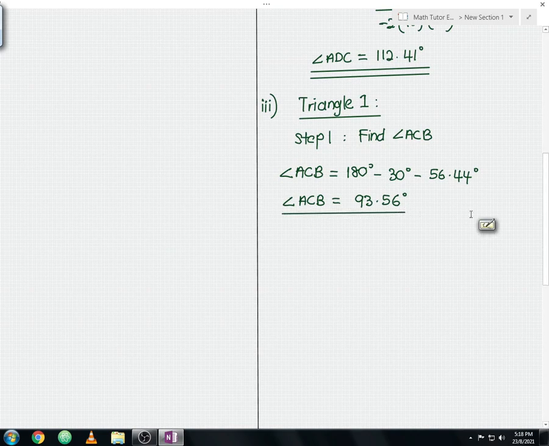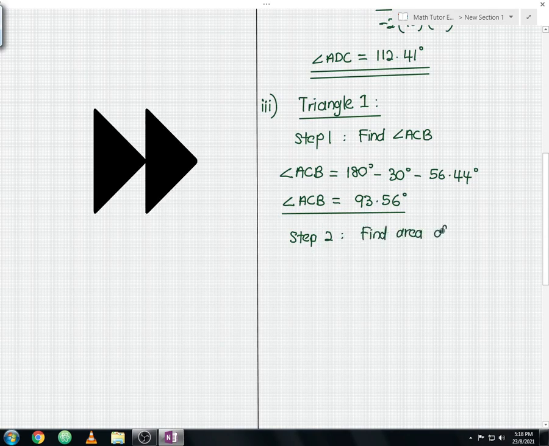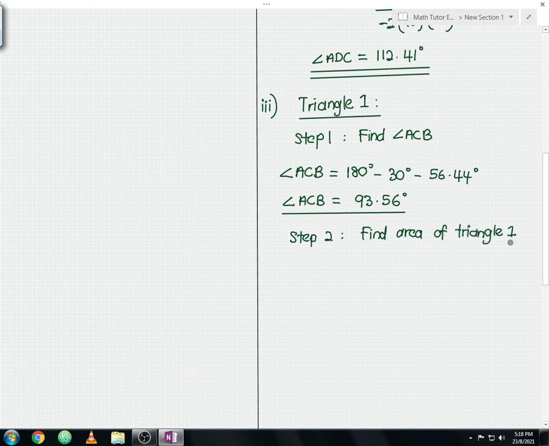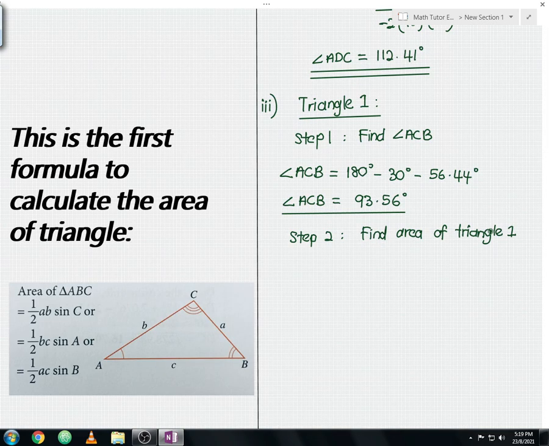Okay, so once we're done with step 1, let us proceed to step 2, where we can find the area of triangle 1. Let me write the working over here. In order to find the area of a triangle, you need to use this particular formula which I'm going to show you now, so you can use that as your reference.